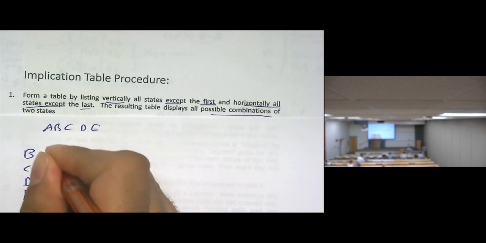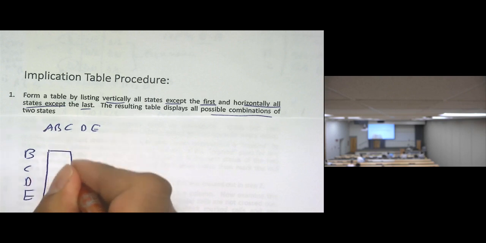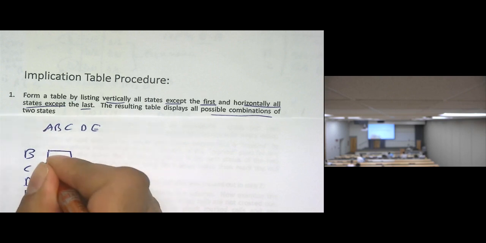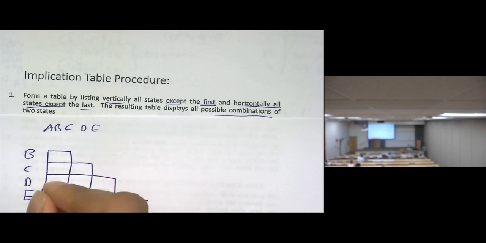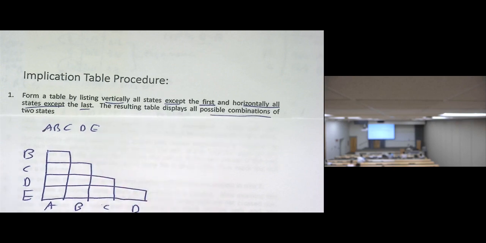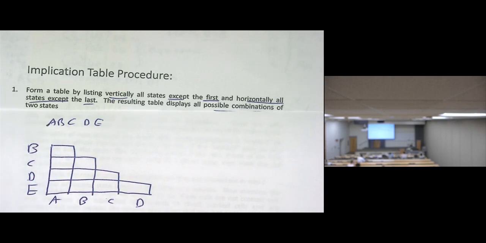We will make this row, and make these columns. So we'll create this table. Again, here are the states B, C, D, E, removing the first one, and here are the states removing the last one. Okay? This is the first step.